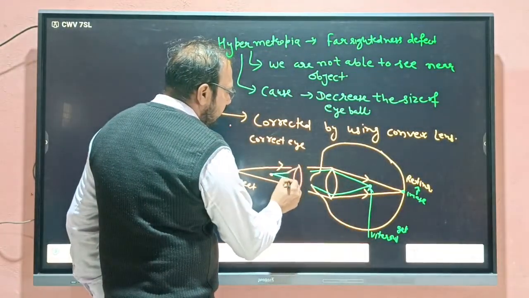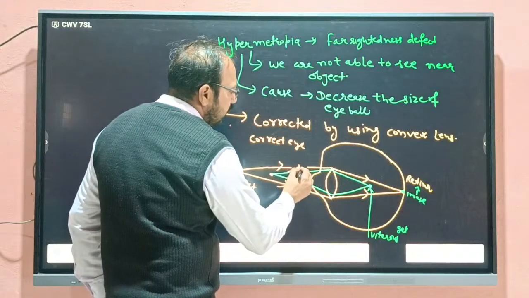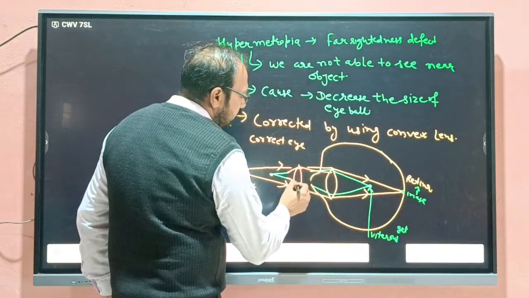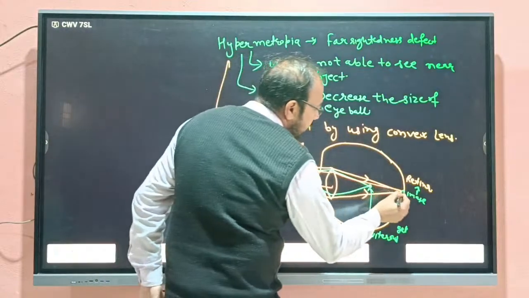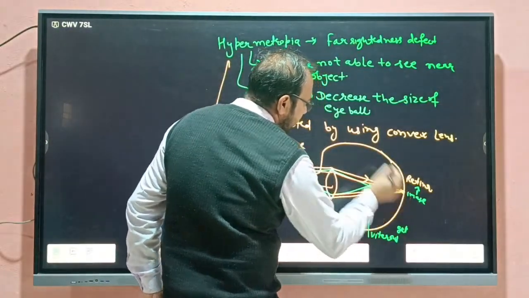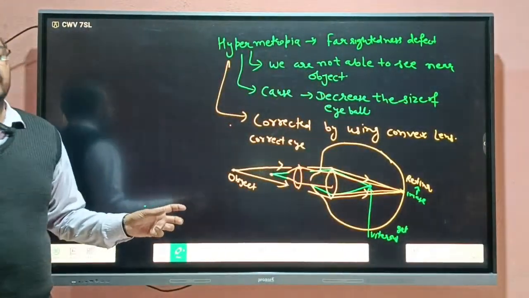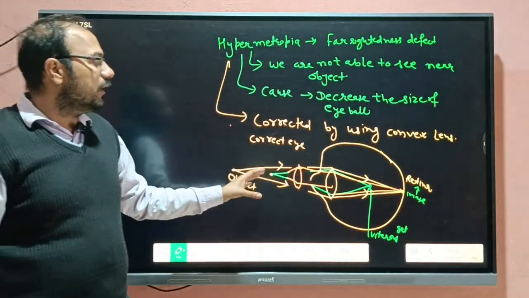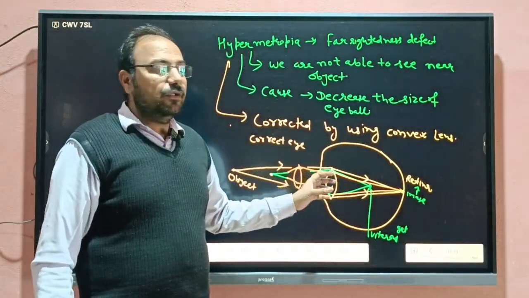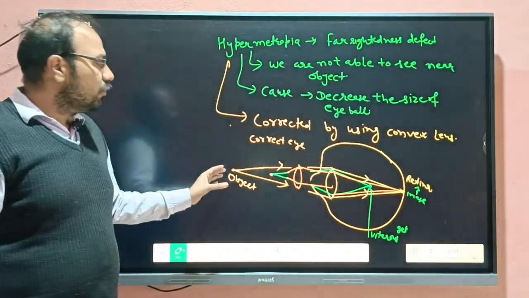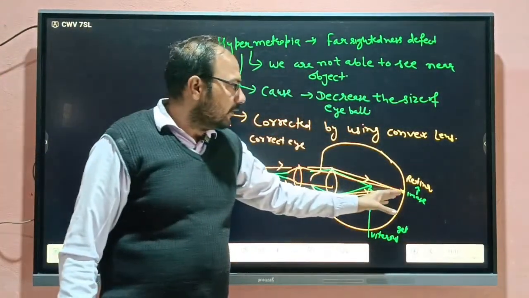We put a convex lens here, and what happens? This convex lens focuses the light so that it is concentrated on the retina. So by using a convex lens, we focus the light rays coming from the object onto the retina.